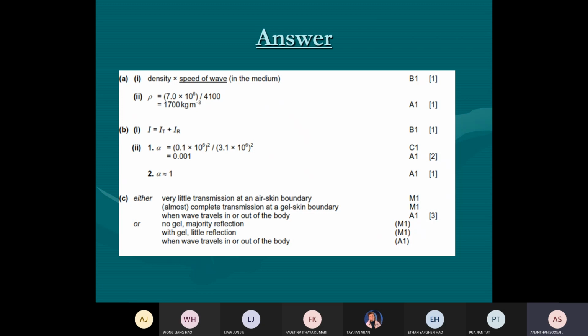Very little transmission at the air-skin boundary, and almost complete transmission with the gel-skin boundary. When the wave travels into or out of the body, with no gel the majority is reflected; with gel, little is reflected. That's the conclusion. So gel needs to be used on the surface between the transducer and the skin.